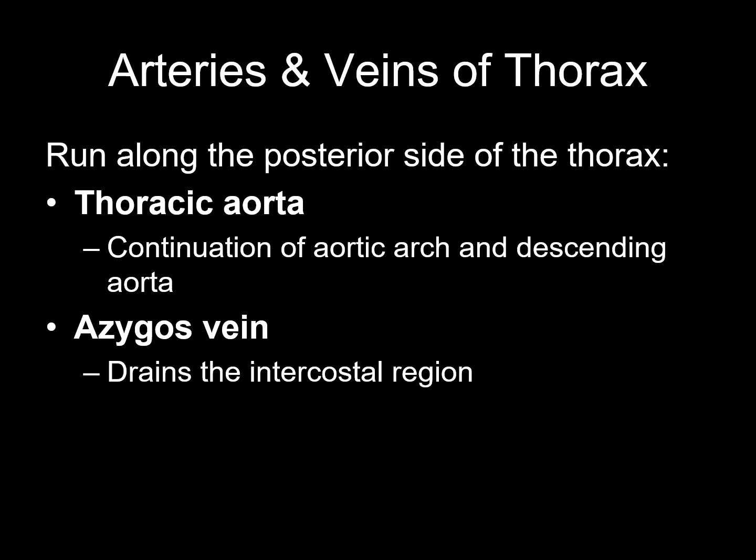And then in terms of the veins, this is our weird vein, the azygos vein, and it's going to drain all the intercostal areas. So all those vessels that are going out in between the ribs and those intercostal muscles, it's going to drain that whole region and bring it back to the heart.